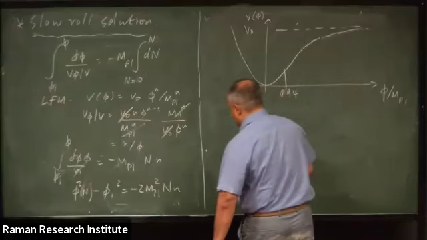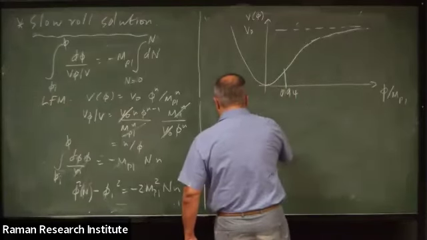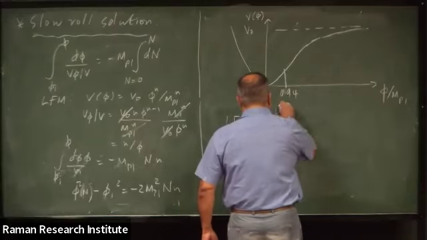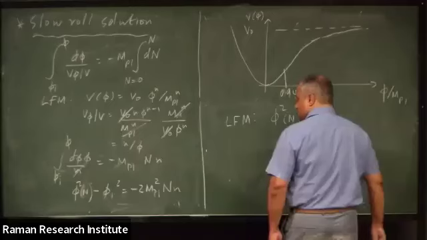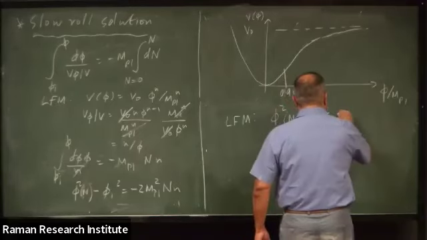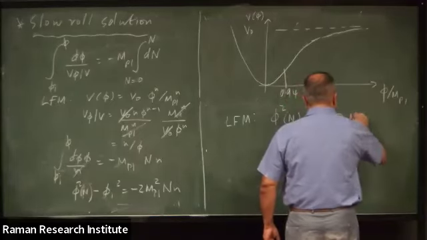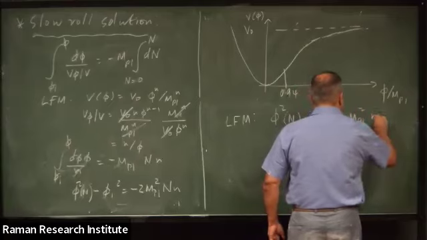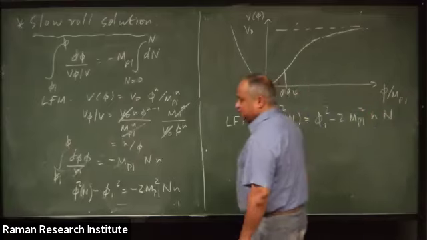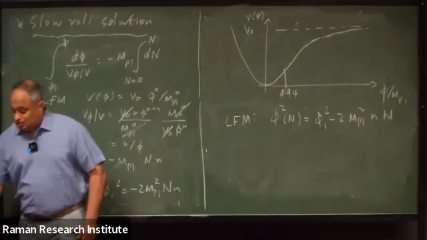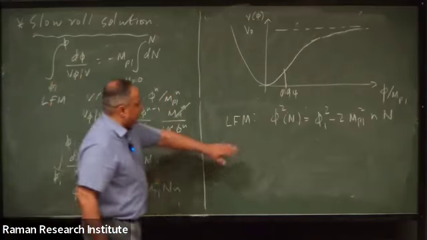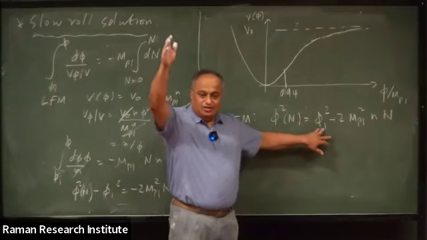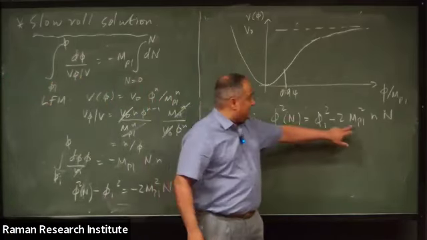Okay, so what do you have? In the large field models, right? I can write phi squared of N equal to phi I squared, right? Minus 2n MPL squared N. That's it. Okay, so if you have a quadratic potential, right? So what is happening? It starts with a large value of phi and it keeps coming down as N increases.